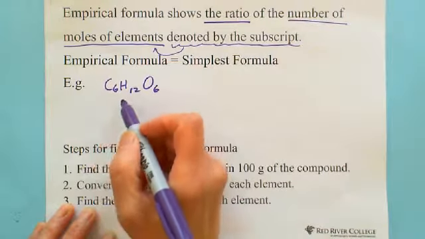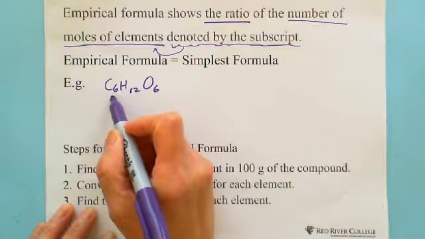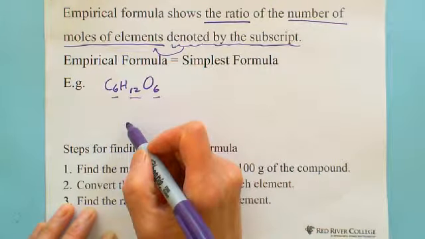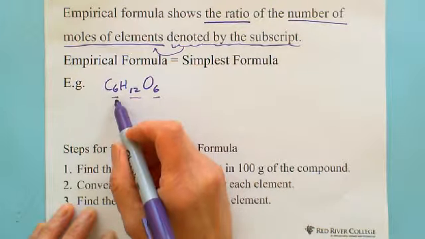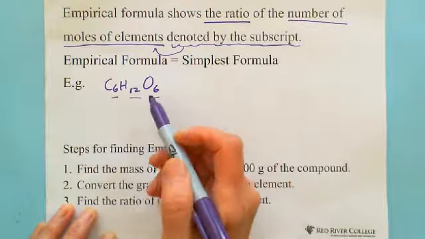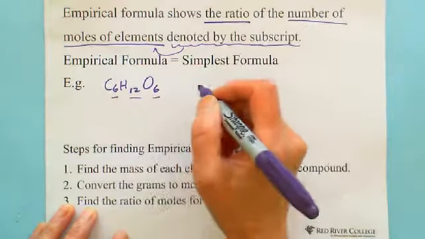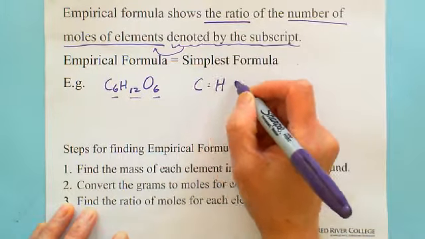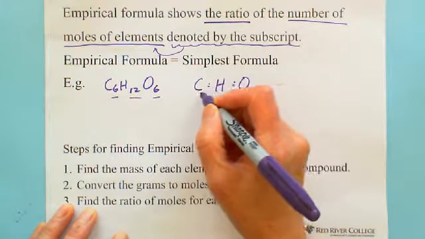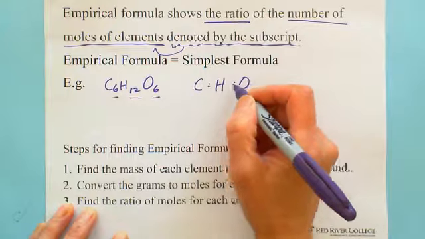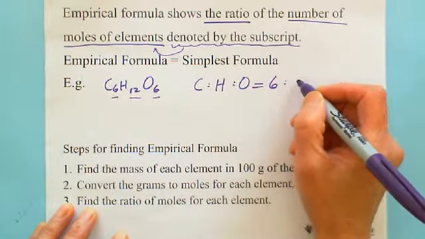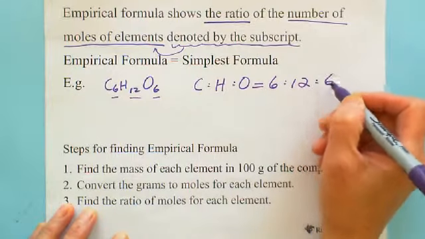From the subscripts, 6, 12, 6, the ratio of the number of moles of the elements C to H to O, carbon to hydrogen to oxygen, equals 6 to 12 to 6.